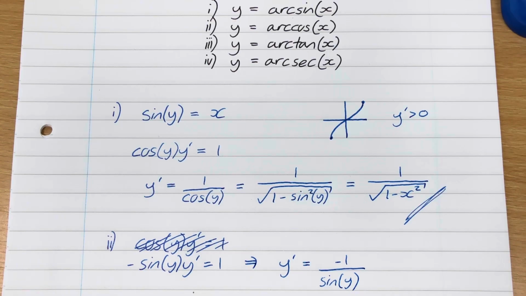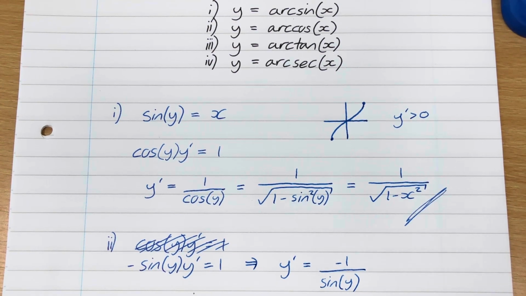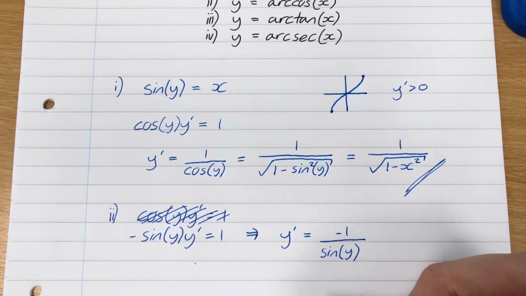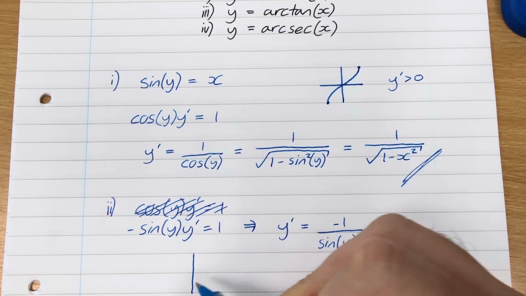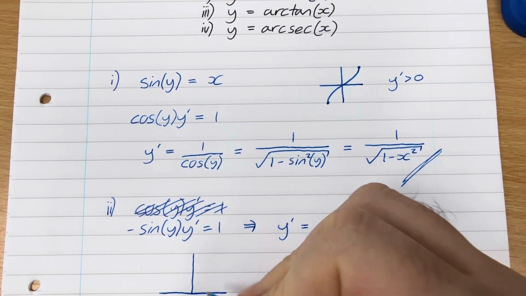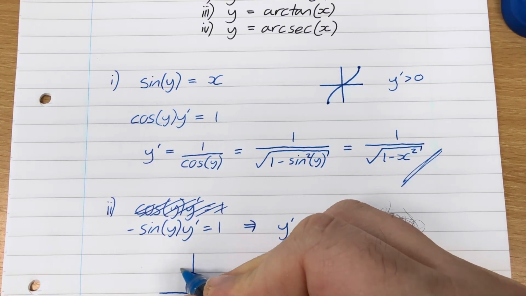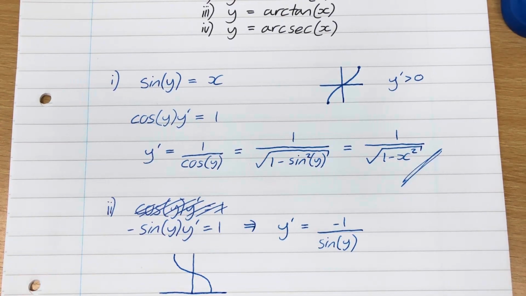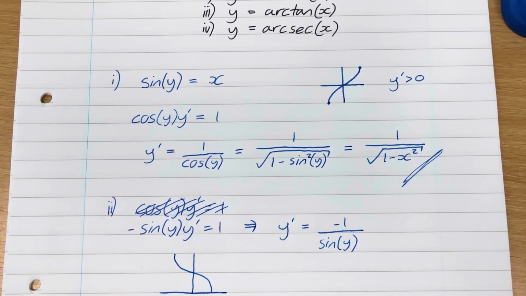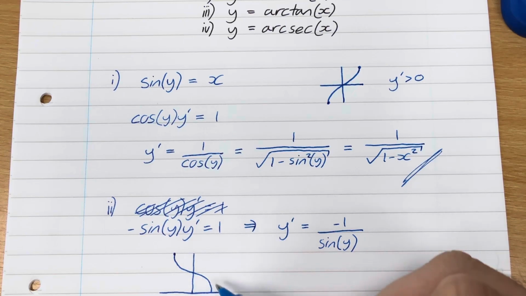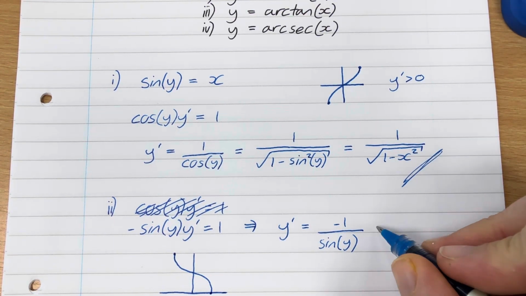And for the arccos curve, what I want to point out is that the gradient is actually negative across the whole domain. This is the graph of arccos, which again is one that you should be familiar with from A-level mathematics. And the gradient between there and there, which is the whole of the graph, is always negative. So I'm looking for a negative gradient.